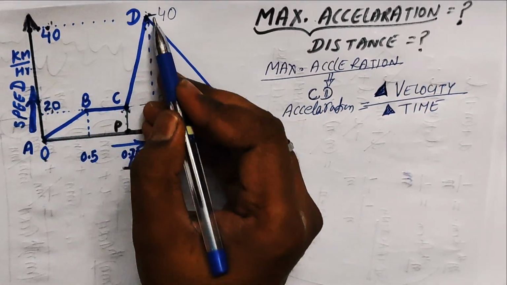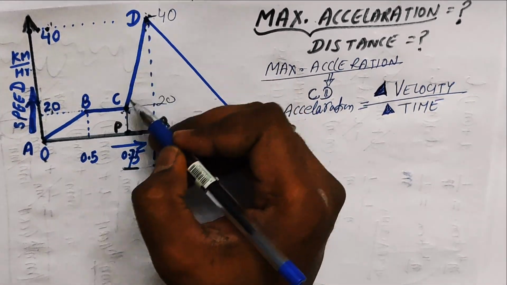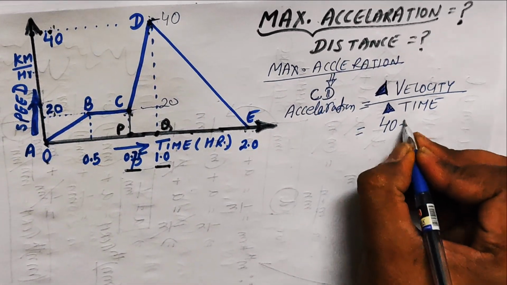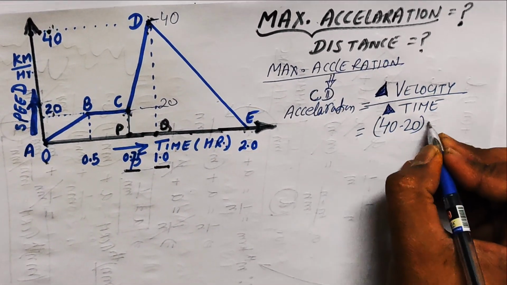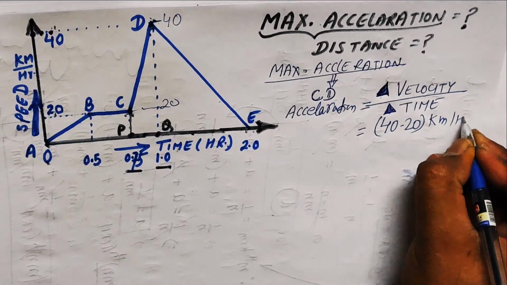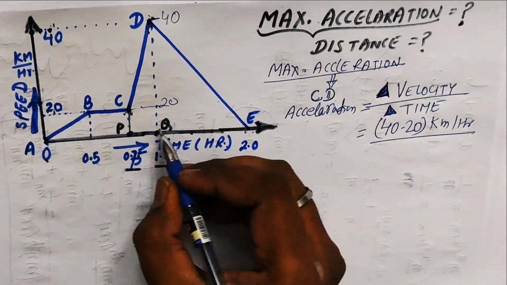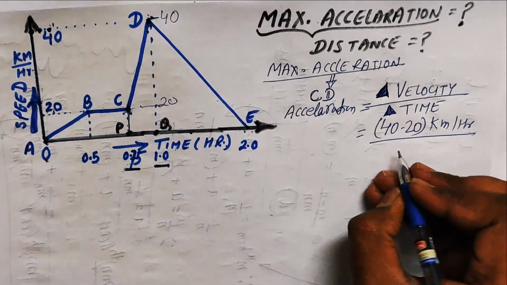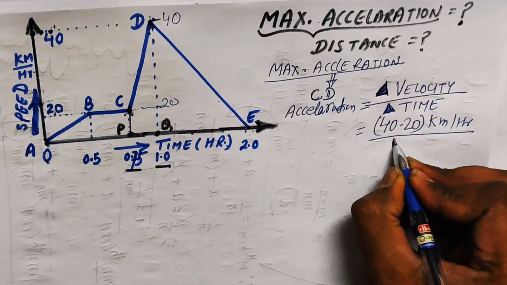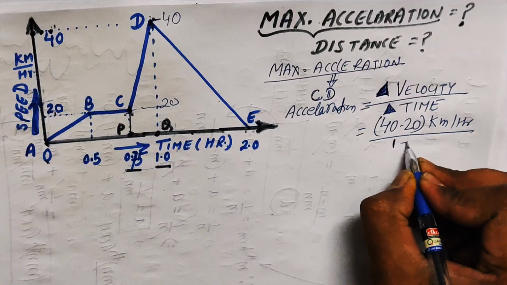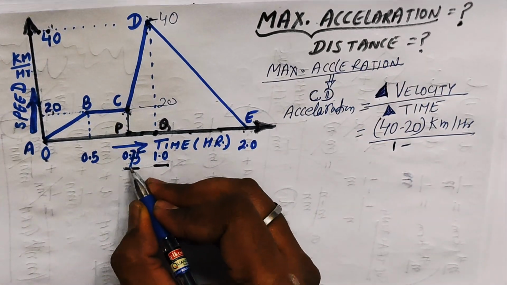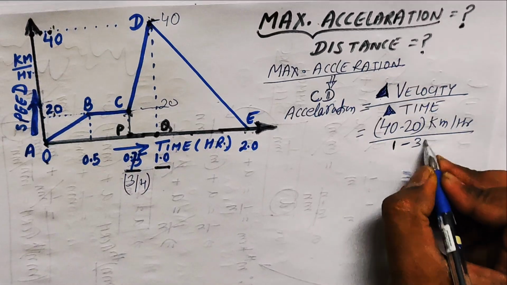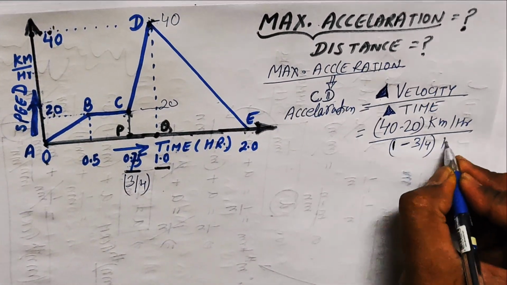You can see here 40 and 20. So the change will be 40 minus 20 in the numerator, kilometer per hour, divided by time. What is the time from this to this? 0.75 to 1. That is 1 minus 0.75, which can be written as 3 by 4 hour, right? So 1 minus 3 by 4 in hour.